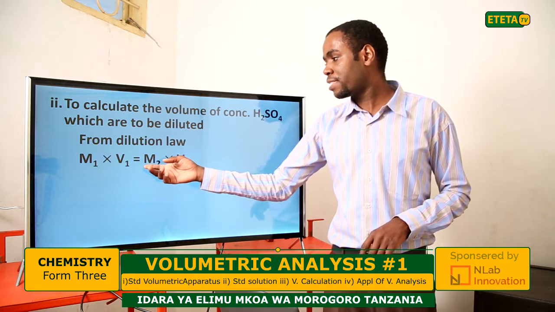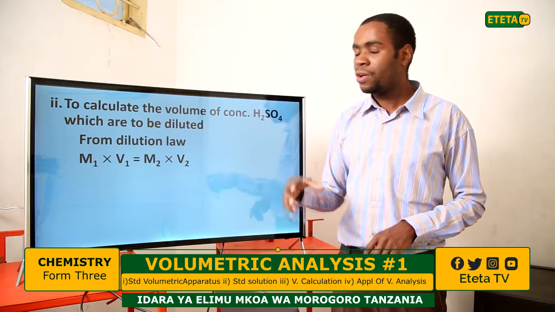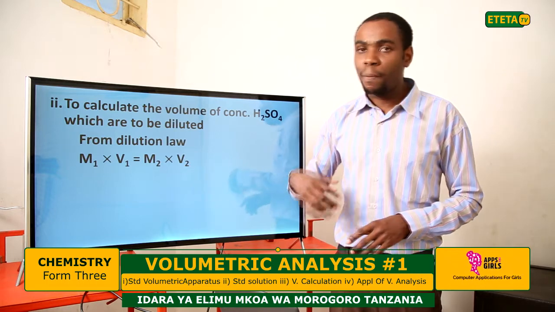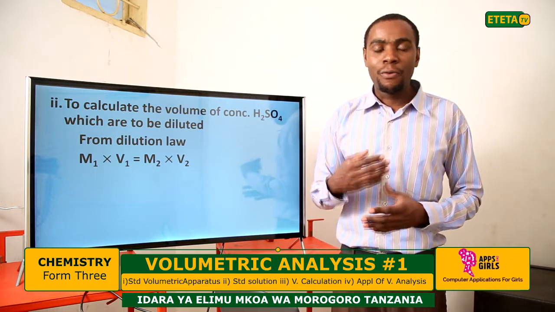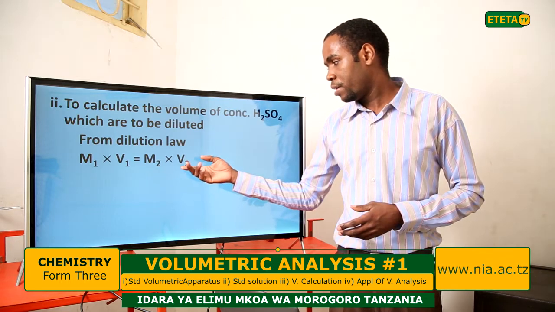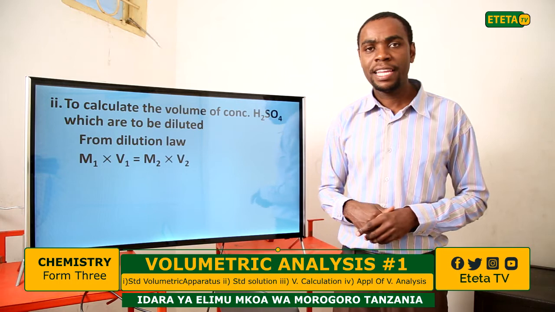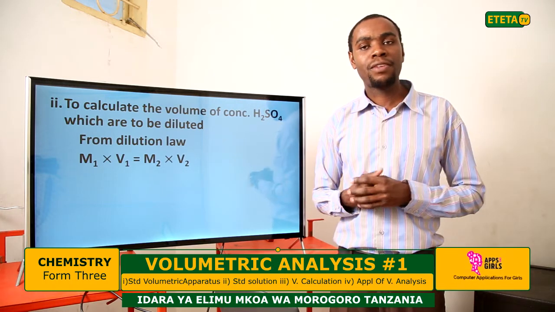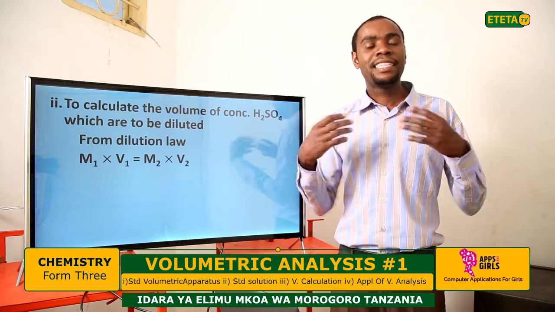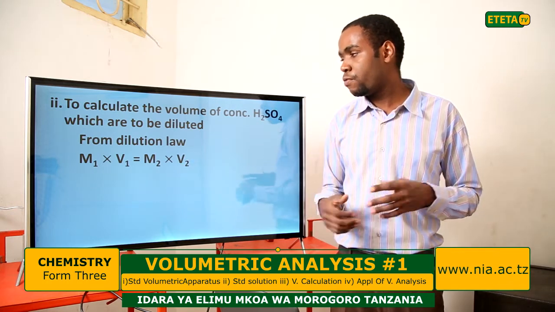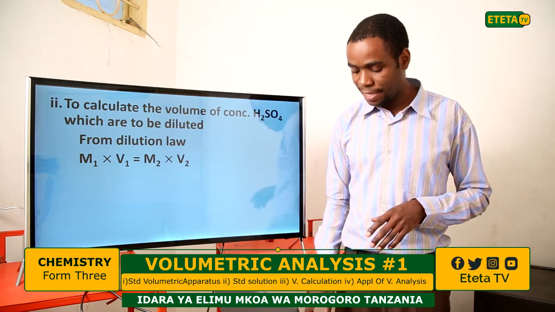You need to prepare 0.1. So this is the molarity of diluted acid. You want to prepare, which volume do you want to prepare? Now it is the volume of diluted acid. Maybe you want to prepare 1000 centimeter cube, or 10,000 centimeter cube, whatever you put here as the volume of diluted acid.